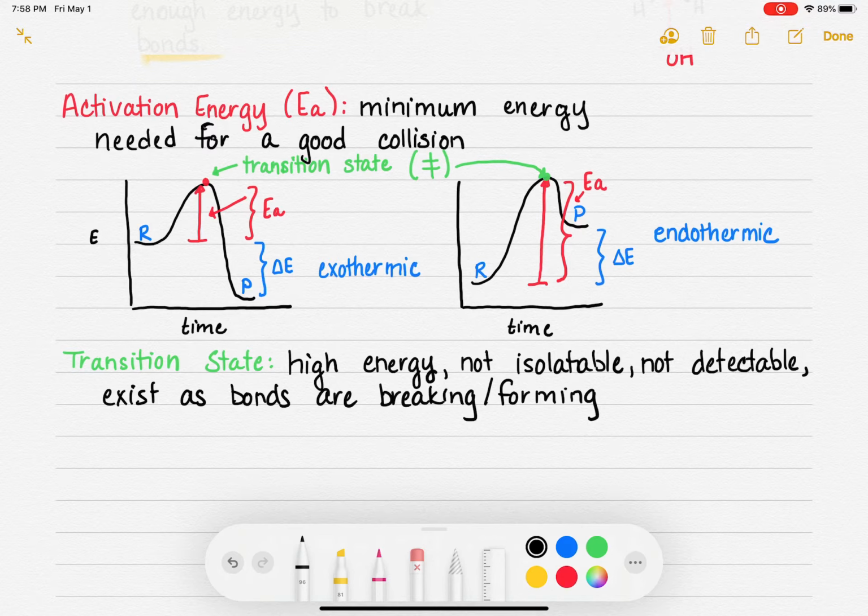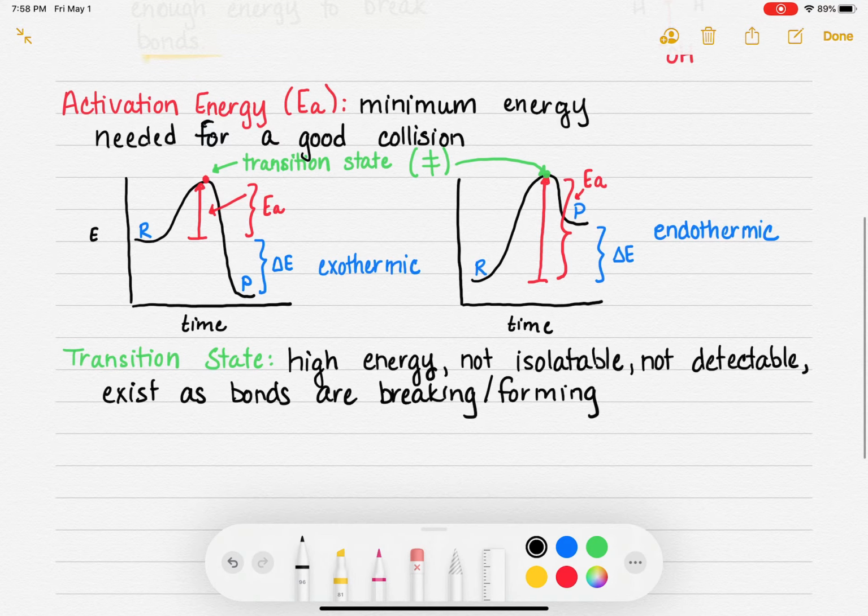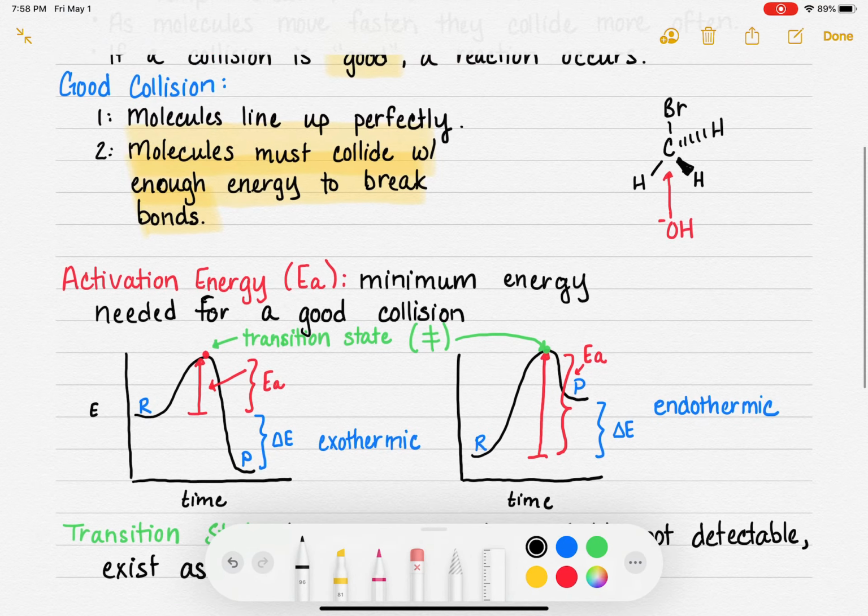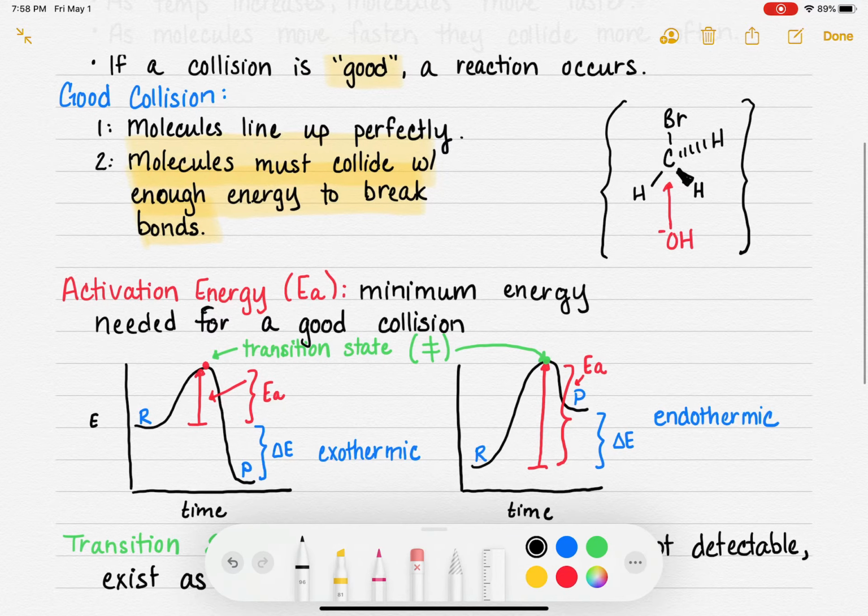When we try to draw pictures of transition states, they usually look really funny. If we go back up to this reaction that I drew when I was trying to illustrate a good collision and the alignment of the oxygen relative to the bromine, the transition state for this reaction would look something like this. The hydrogens, which are not affected by this reaction at all, are on the molecule unchanged. I've moved their position a little bit, but not by much.